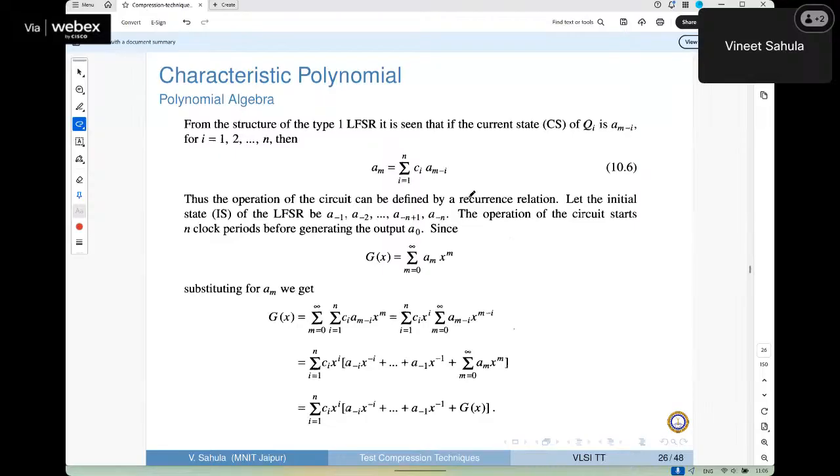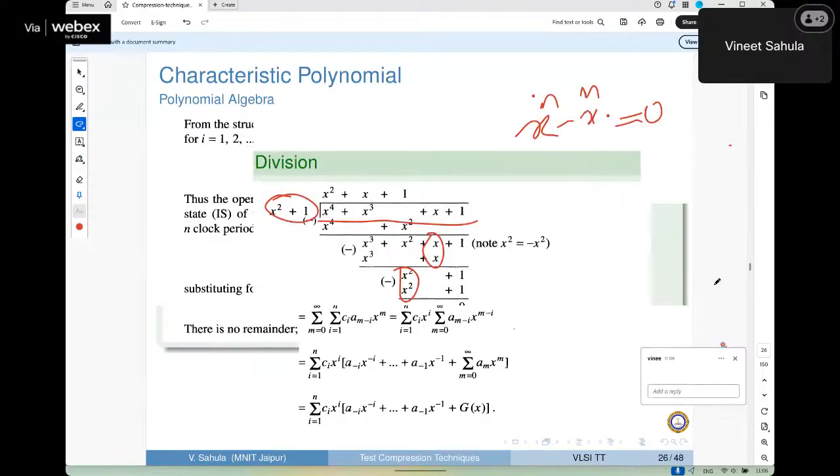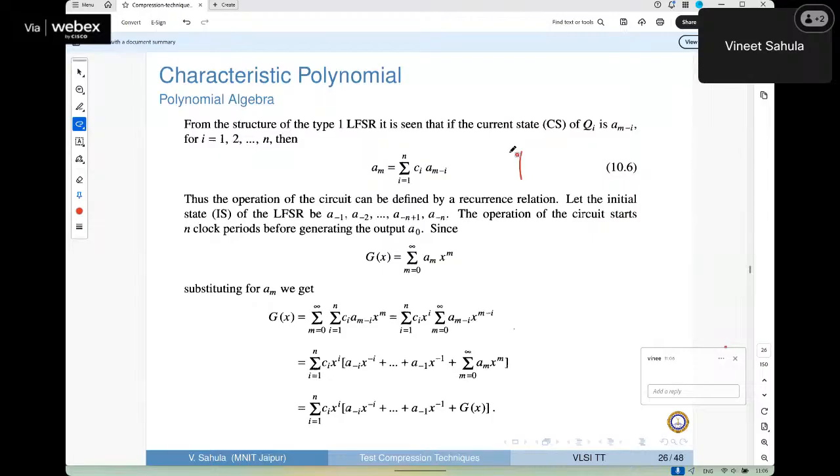So what I have, the type 1 LFSR, is this relation, many to 1. Just remember what I'm doing. This is AM, which is the summation of these multiplications.